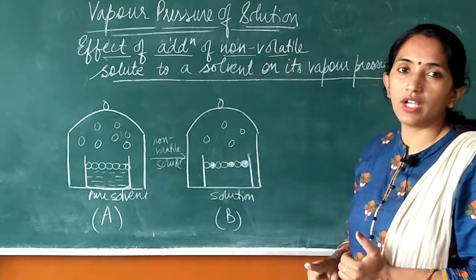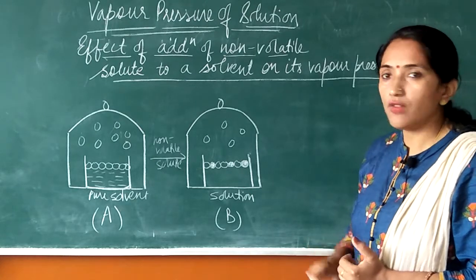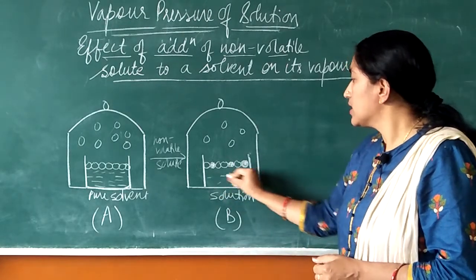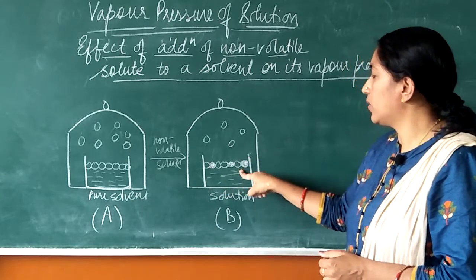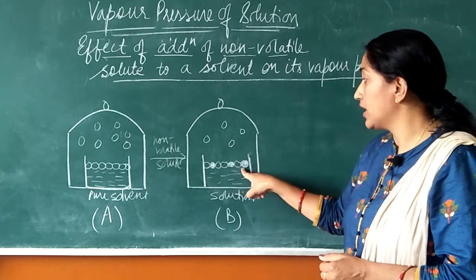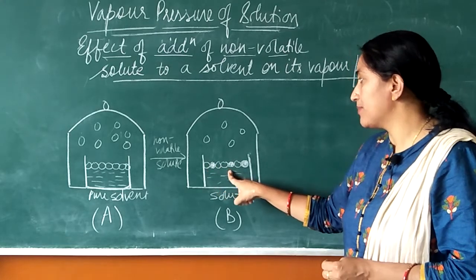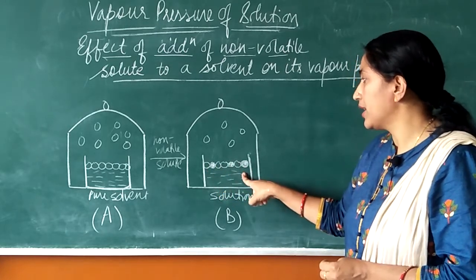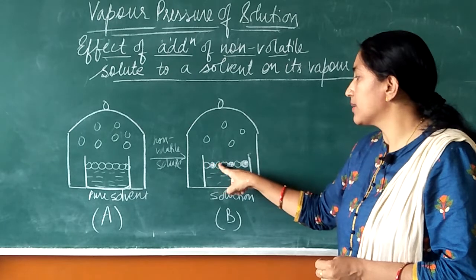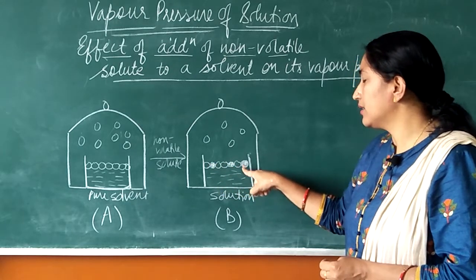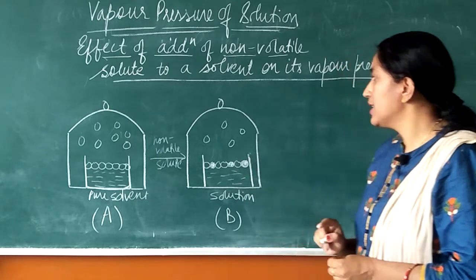The solvent is volatile and the solute is non-volatile. Now the surface of the solution is covered by both components, solute and solvent. The simple sphere is the solvent and the darkened sphere indicates the non-volatile solute.